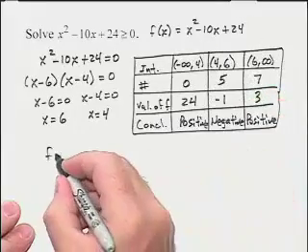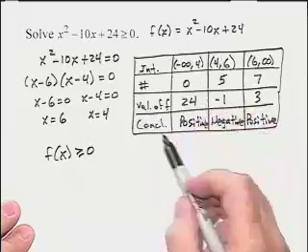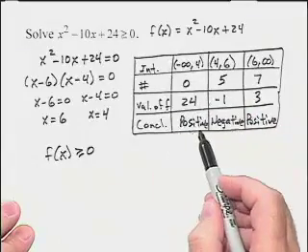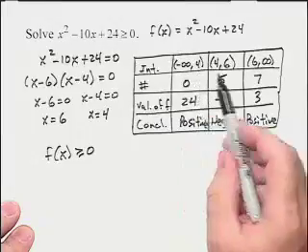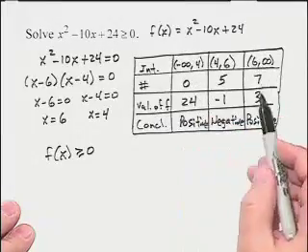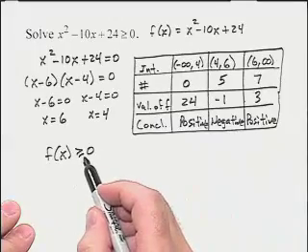Remember, we're looking for f of x to be greater than or equal to 0. This table will tell us where f of x is greater than 0. That is, where it's positive. So we have the interval negative infinity to 4 and the interval 6 to infinity where the function's positive. We also need to know where the function is equal to 0.